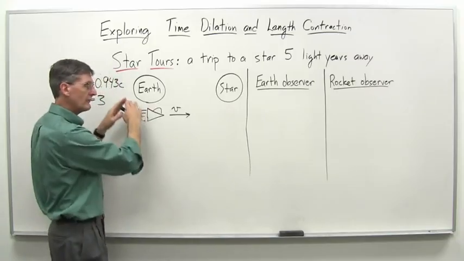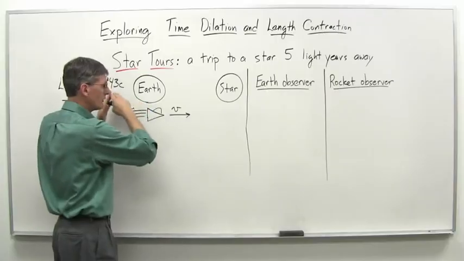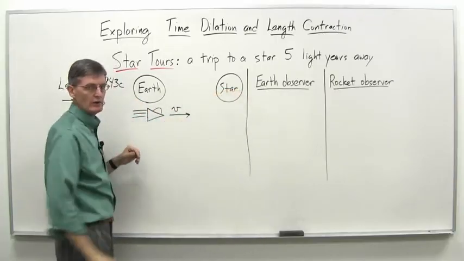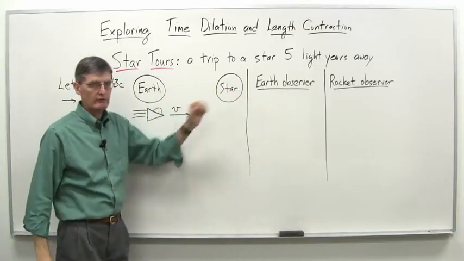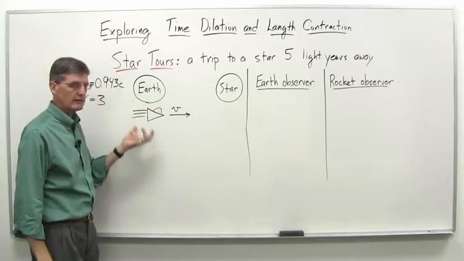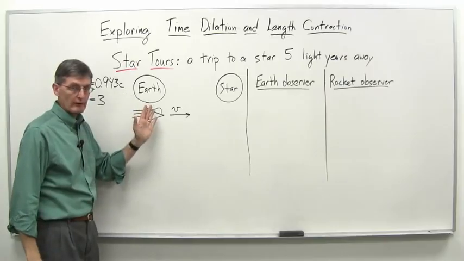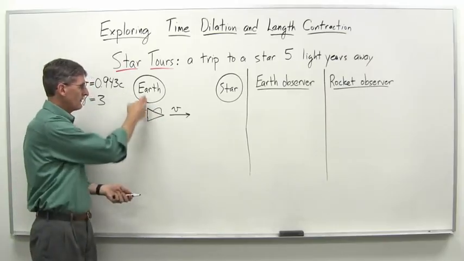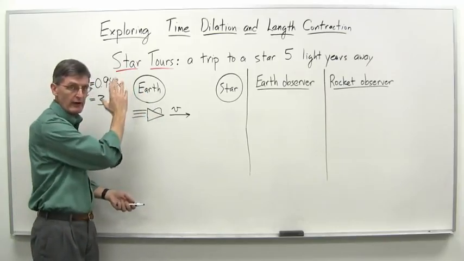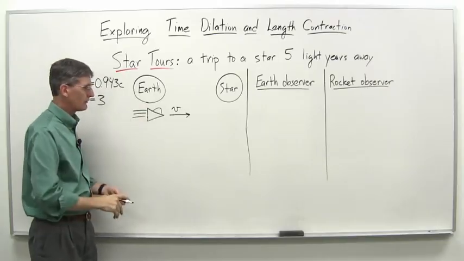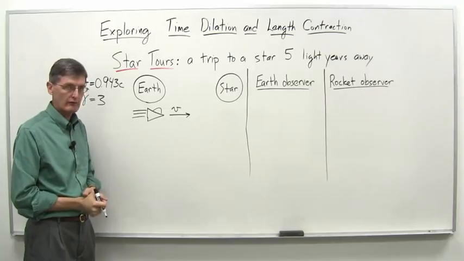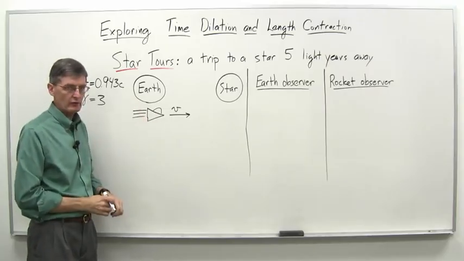So once again, we have to imagine a lattice of clocks going all along in the Earth-star direction, and all those would be synchronized in the Earth frame. When Bob goes by Earth, we'll set it up such that the clock on Earth is time t equals 0, and Bob's clock that's going along with him is also time t equals 0 at that instant as he goes by.